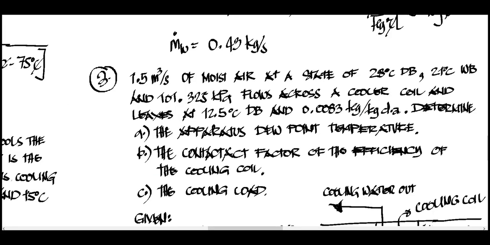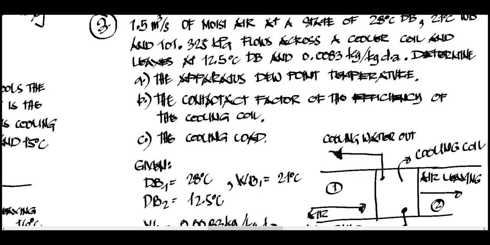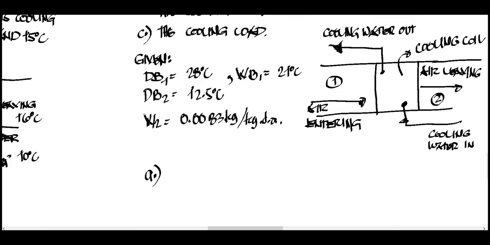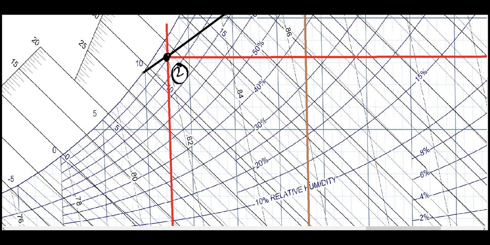So question A, we're looking now at the apparatus dew point temperature. The dew point temperature is the temperature at which the condensation of water vapor in a space begins. So it is the saturation temperature corresponding to the vapor partial pressure.